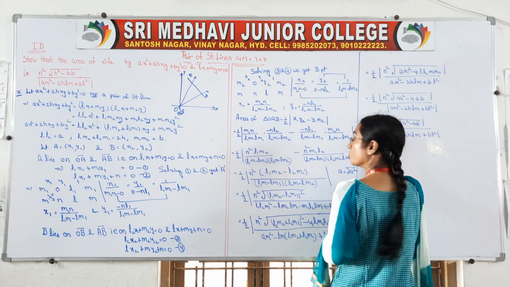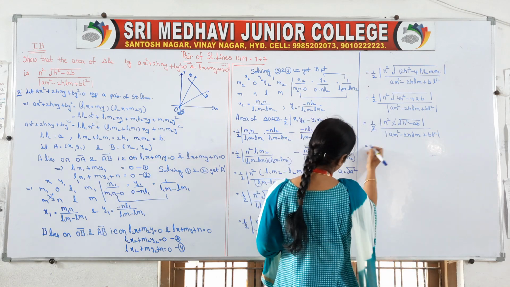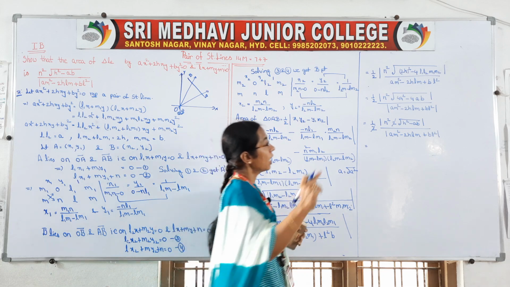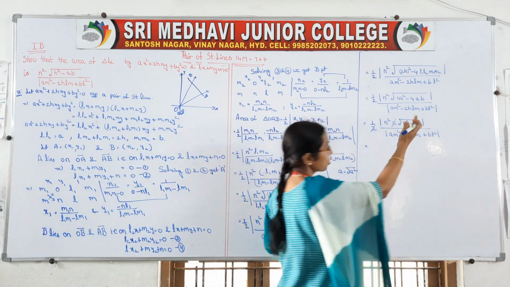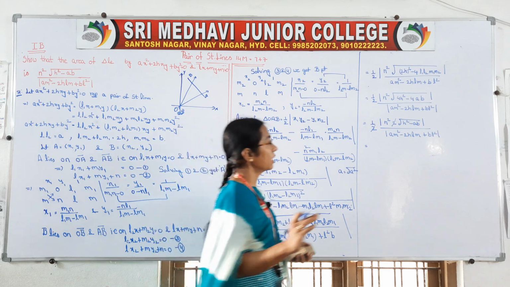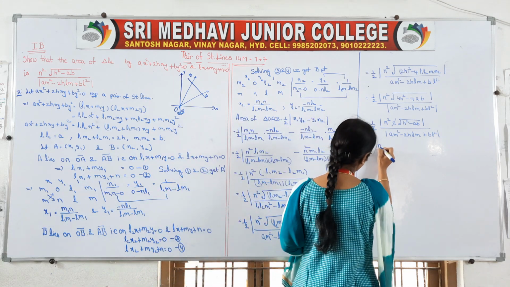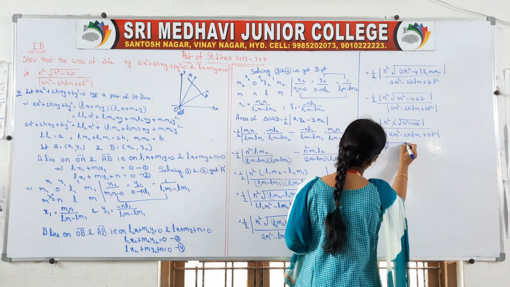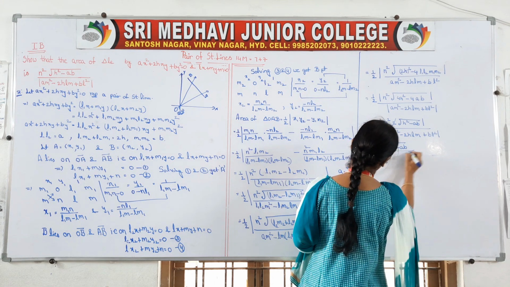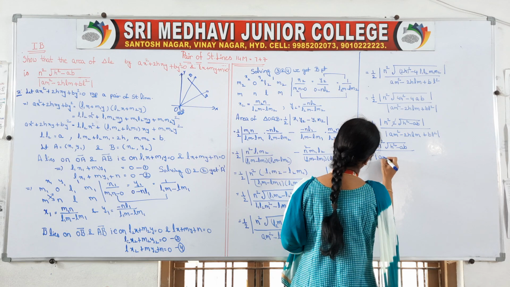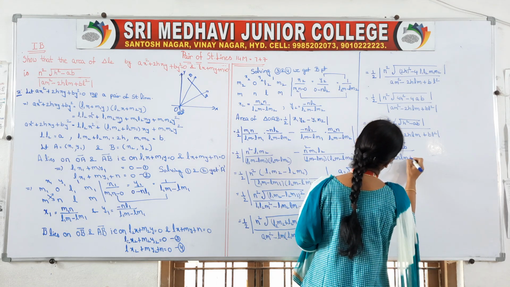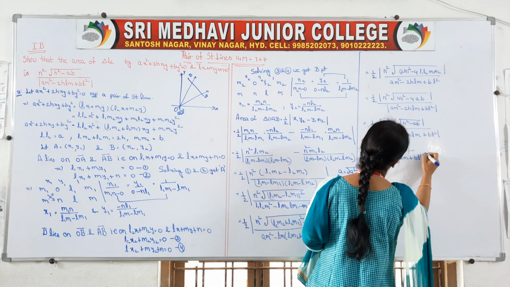These two will get cancel. n square is positive, right, and root also positive. So no need to write modulus value. Modulus means positive value. So we can write this as n square into root of h square minus ab by modulus of am square minus 2hlm plus bl square.